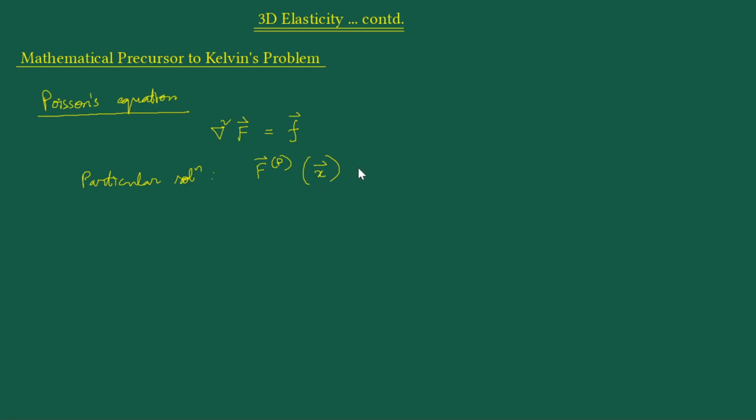Okay, so this thing is going to be equal to minus 1 by 4 pi integration over the entire volume of consideration of the small f vector. So let me discuss what I mean here.